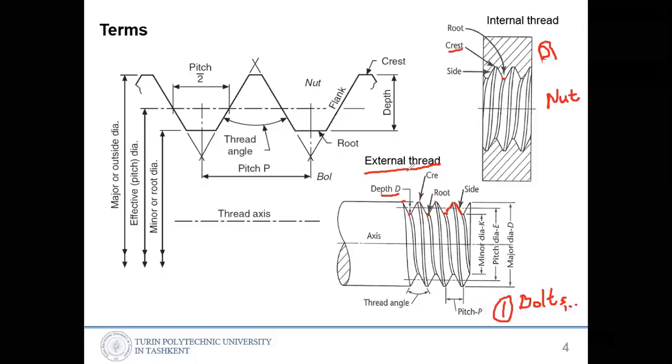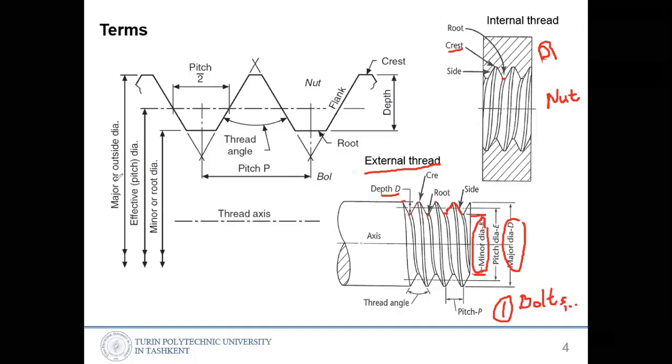So that diameter we call the major diameter. And from the root, from the lowest point, we can make another diameter. This one is called the minor diameter. So we have a minor diameter and a major diameter.